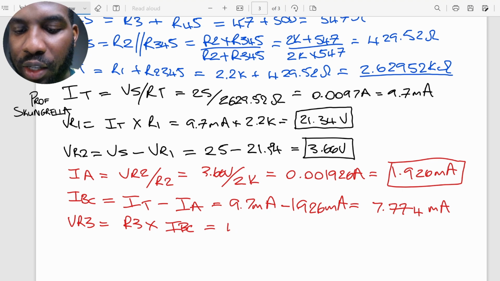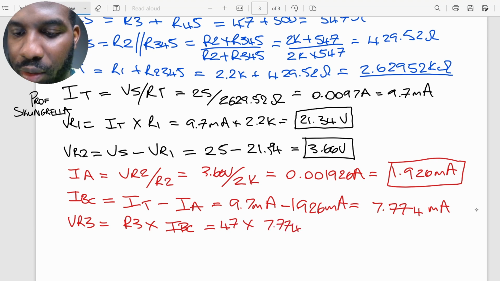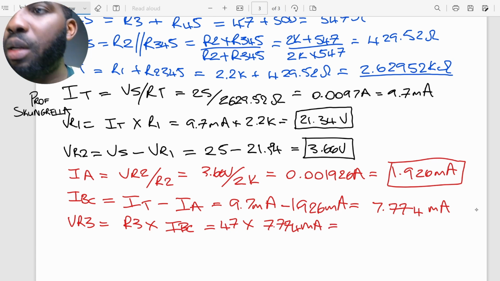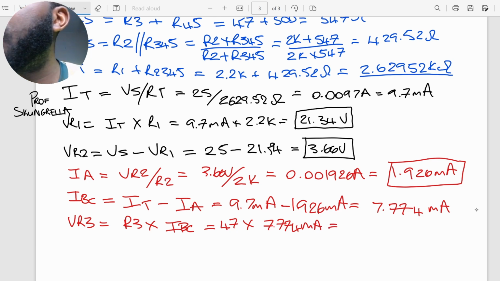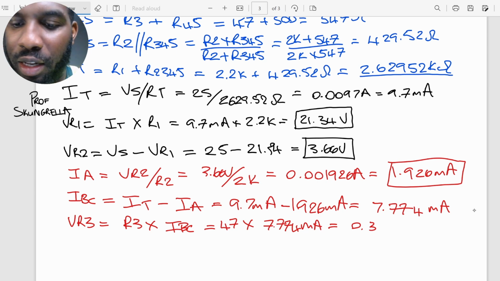which is equal to 47 times 7.774 milliamps. All right. And that gives us a total voltage drop of 0.3... Okay, let me use my calculator.